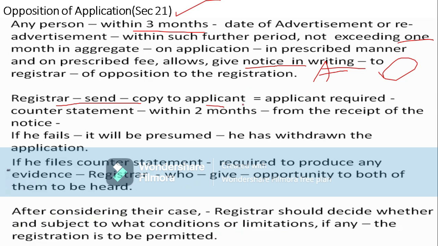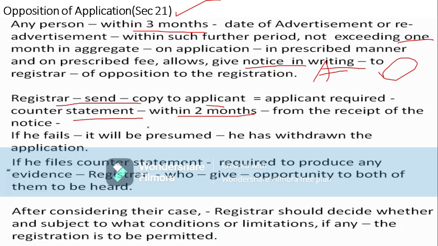The applicant can give a counter statement, stating the reasons against the opposition, with evidence if he has it, within 2 months from the receipt of the notice.